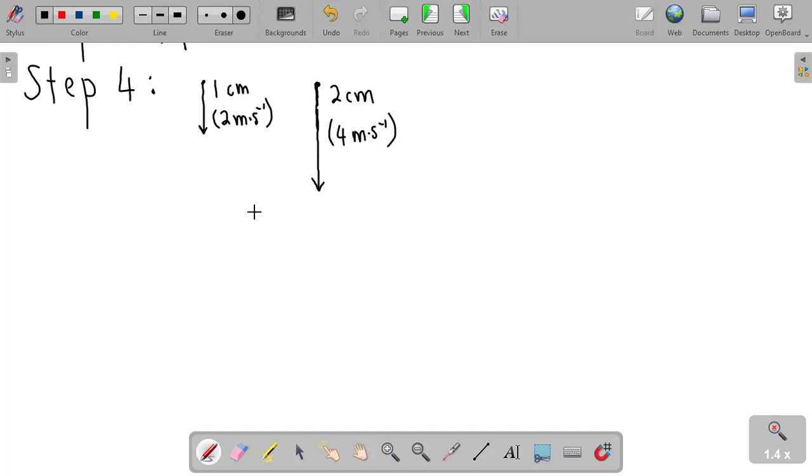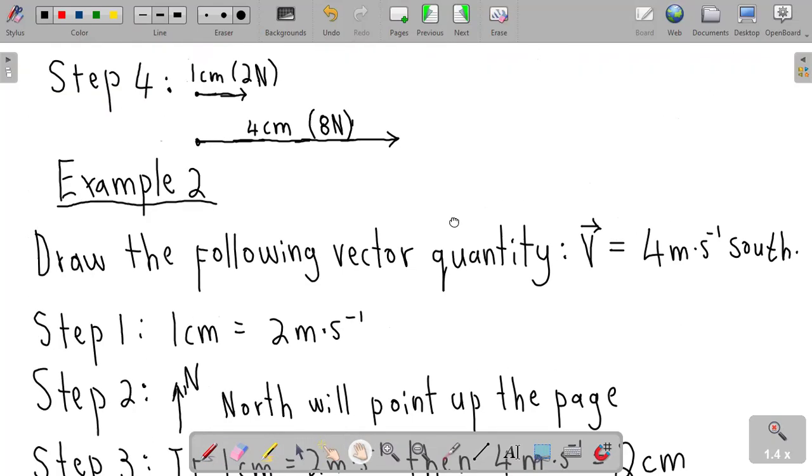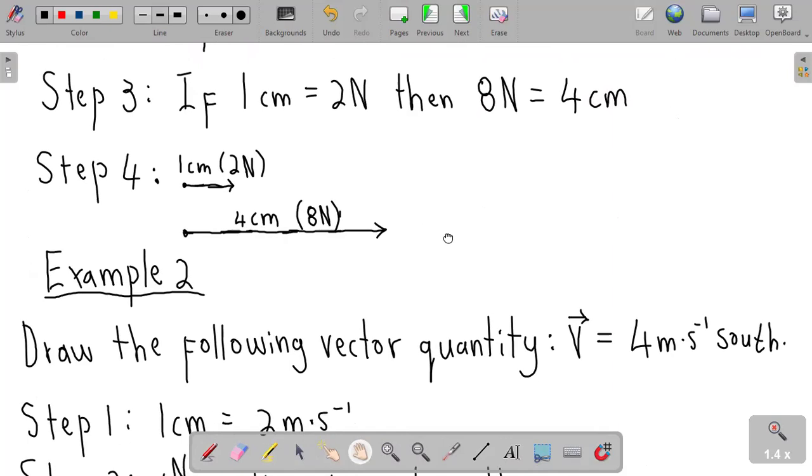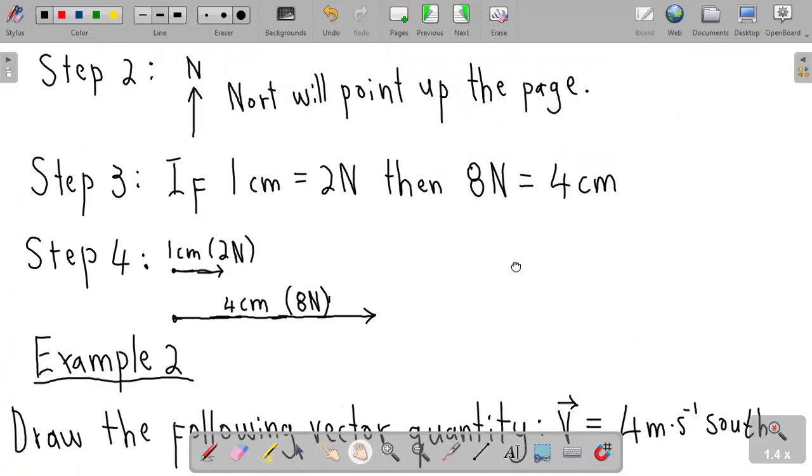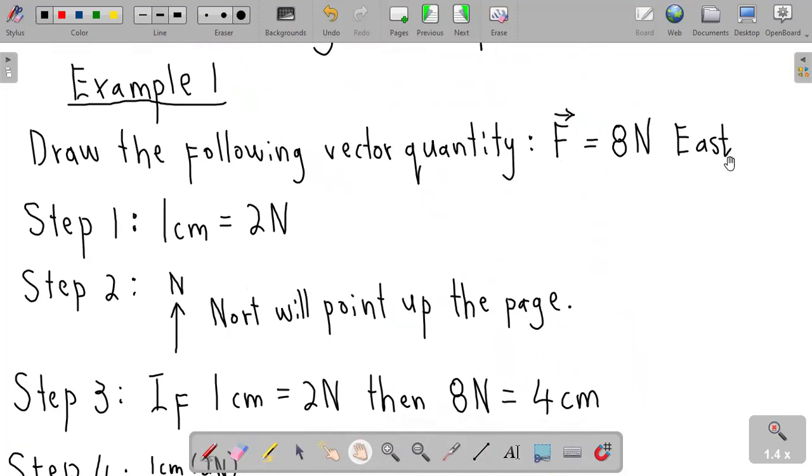Yes, this is another example, guys. Now these two go to the south, unlike the previous example that was going to the east. In example one, we had east.